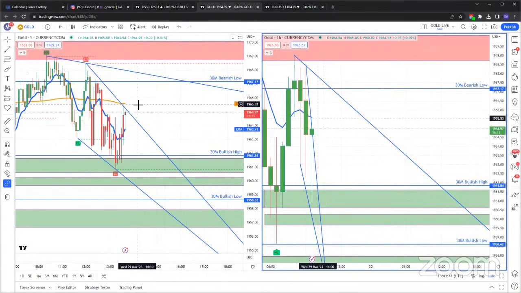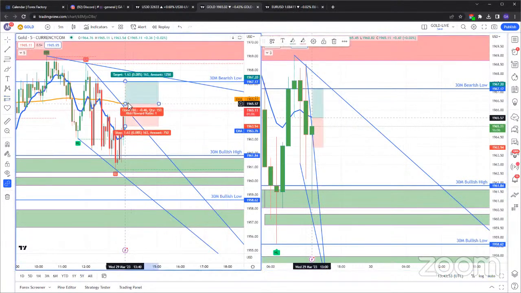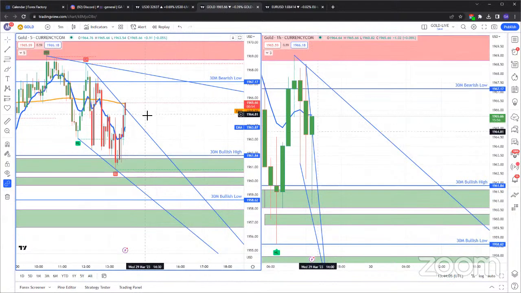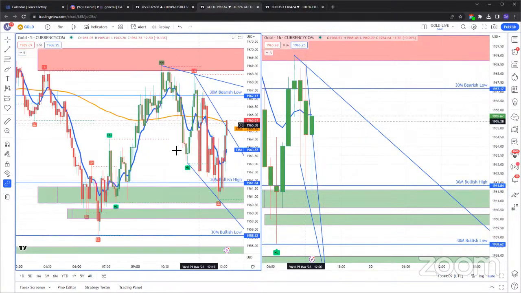So I'm not going to mark up. If anybody's looking for any sell on gold, this would be the sell on gold on the retouch of the 9 EMA. But I'm not going to mark it up because I'm not taking it. I don't see any trades for gold today. A sell on gold would be right now, a quick sell, but I am not entering that trade personally.